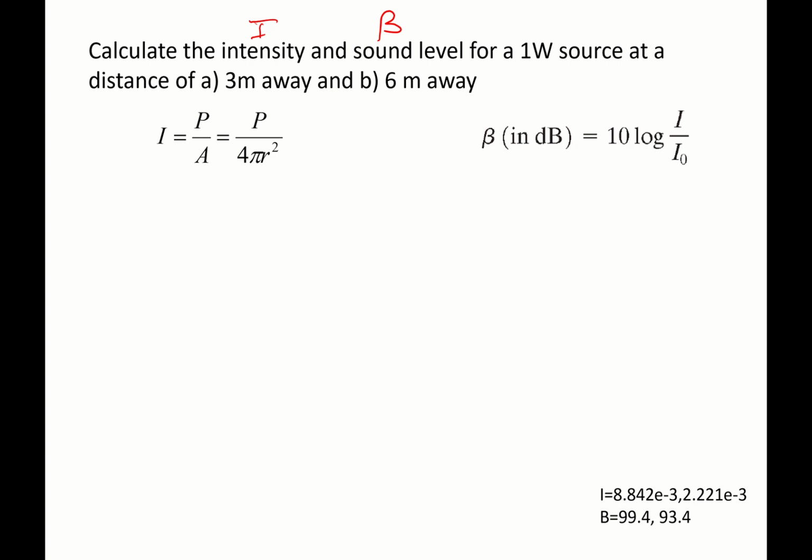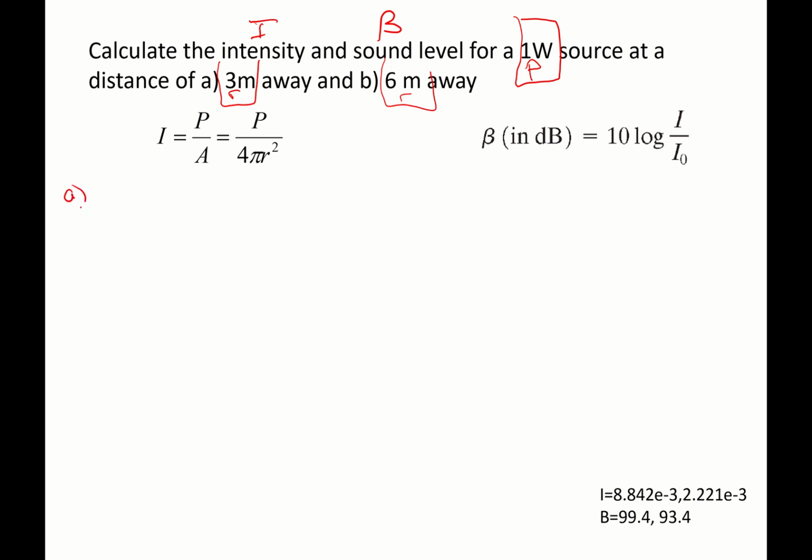So I want to calculate I and I want to calculate beta. And what do they give us? They give us that it's a 1 watt source. What does that mean? Well, look at the units. Watt is for power. So that must be the power of the source. And I'm told a distance of 3 meters for part A and a distance of 6 meters for part B.